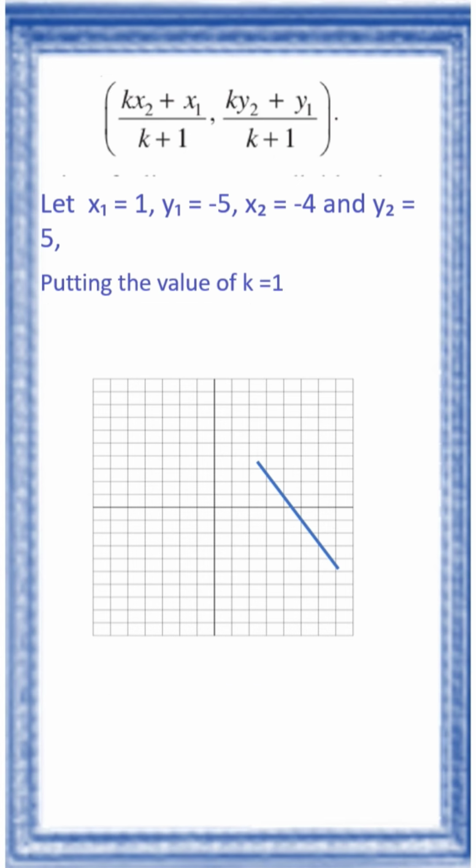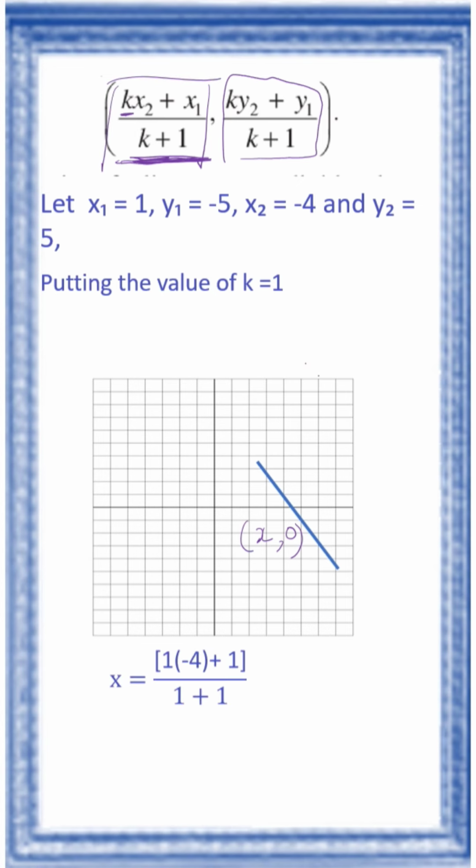Now let us put k is equal to 1 in this formula. We have already found the y coordinate, that is 0, isn't it? We have to find the x coordinate. How can we find it? By substituting the value of k is equal to 1 in this formula.